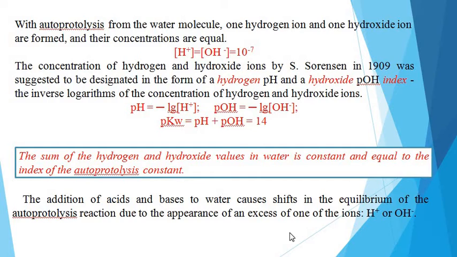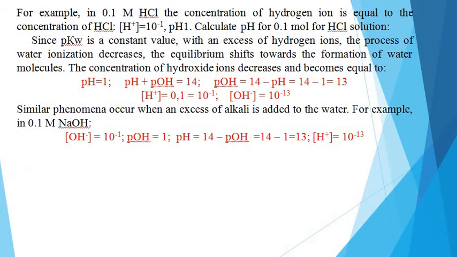The addition of acids and bases to water causes shifts in the equilibrium of the autoprotolysis reaction due to the appearance of an excess of one of these ions, hydrogen or hydroxide. For example, in a 0.1 molar concentration of hydrogen chloride, the concentration of hydrogen ion is equal to the concentration of the acid.